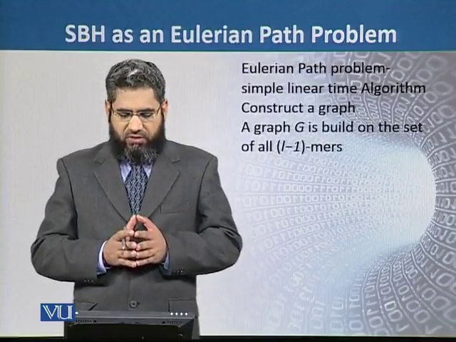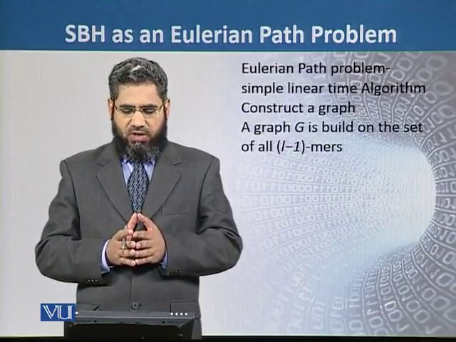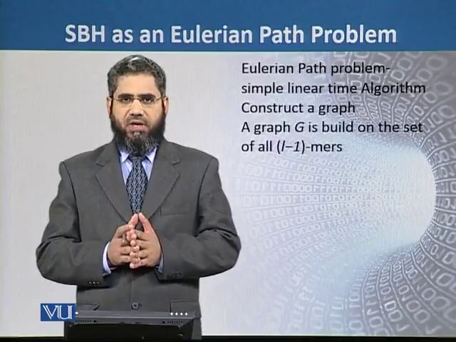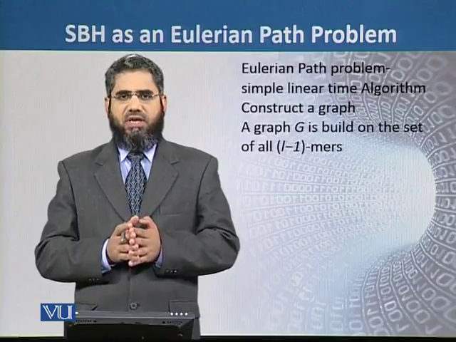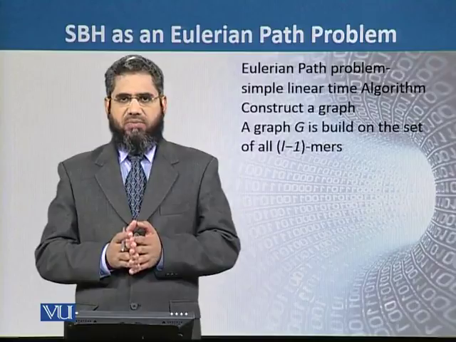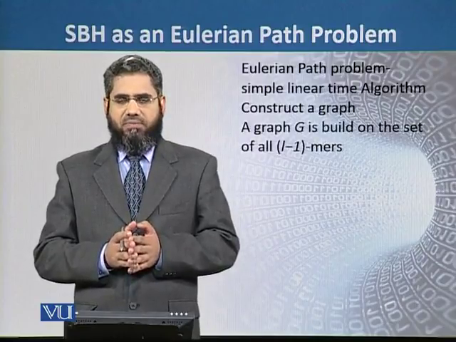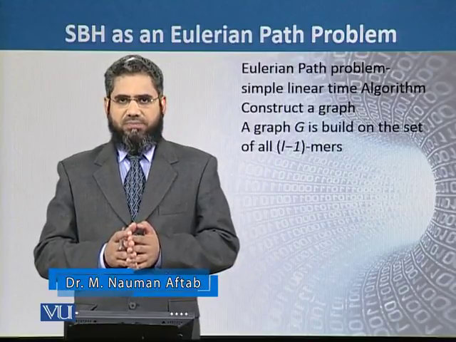So when we convert this sequencing by hybridization into a Eulerian path problem, the target is to construct a graph in which the edges, rather than vertices, correspond to the L-mers derived from the spectrum S_L. And then the target is to find a path in which each edge is visited only once.